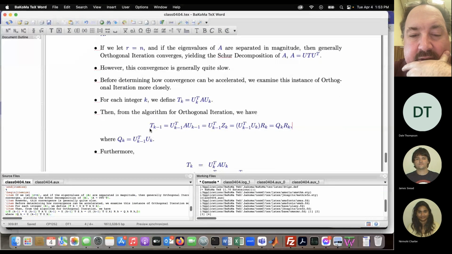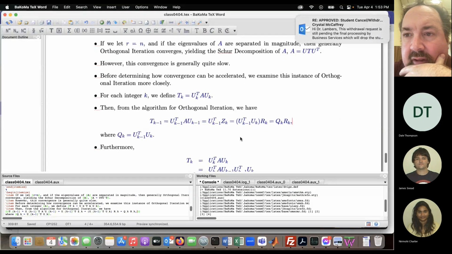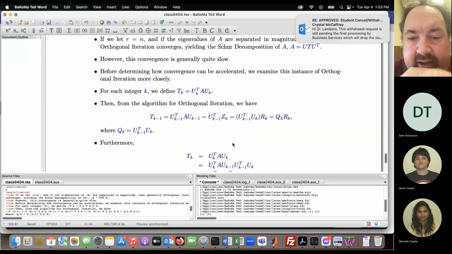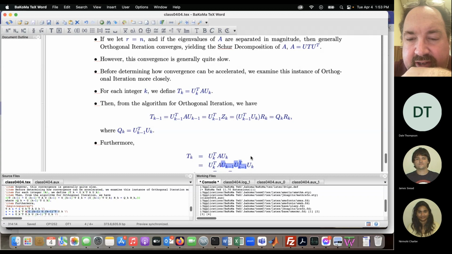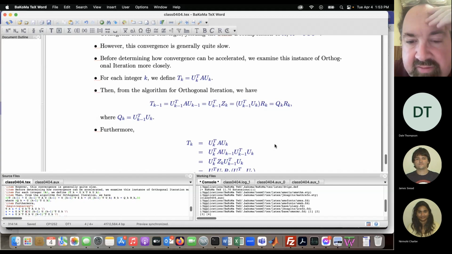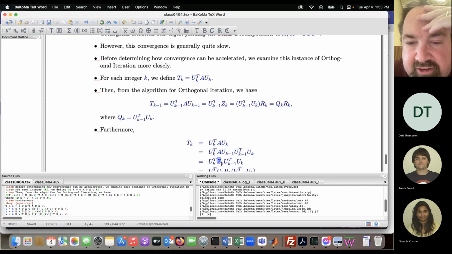Now, let's look at the next matrix, T_k. Here's how it's defined from up here. And then what I do is I'm going to insert in the middle of this a U_{k-1} U_{k-1} transpose, because U_{k-1} is an orthogonal matrix, so this whole thing is identity. But then A U_{k-1}, that's how Z_k is defined, so I'll go ahead and put that in there.